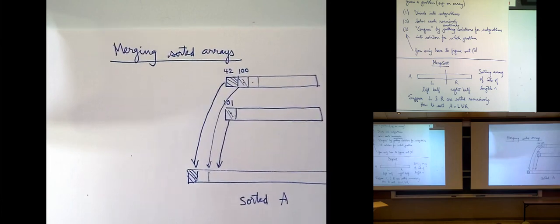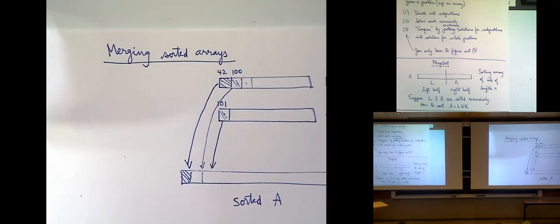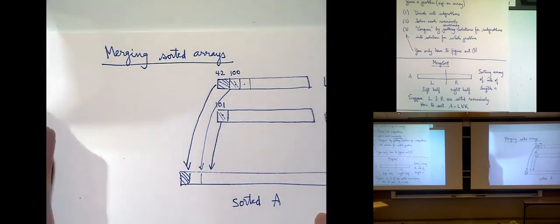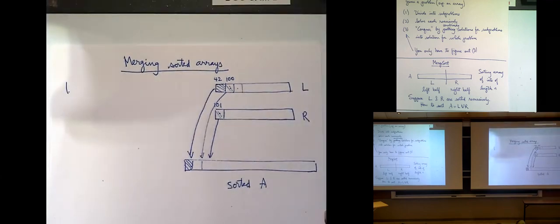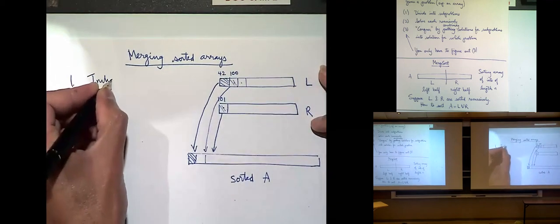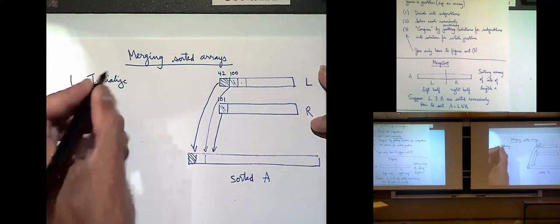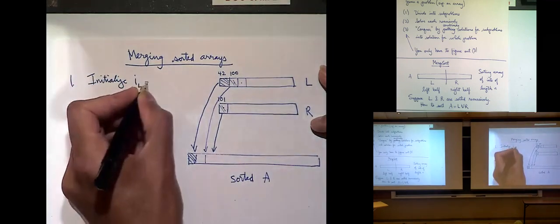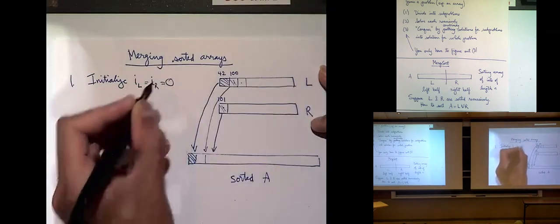So let me write out the basic pseudocode for merging. I'm going to write it in English, because I don't want to deal with syntax issues specifically. So we'll initialize IL, which is an index L, and IR, index R, to be 0. So I'm using somewhat mathematical notation here.